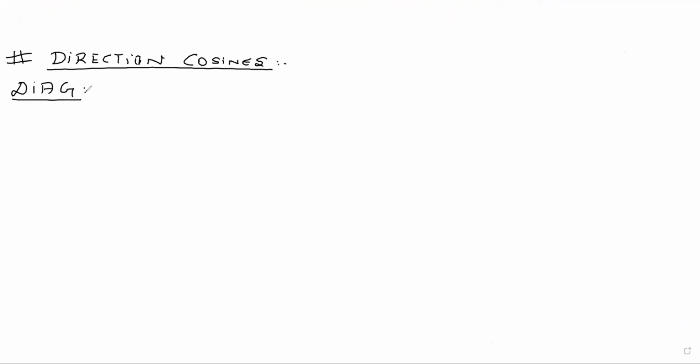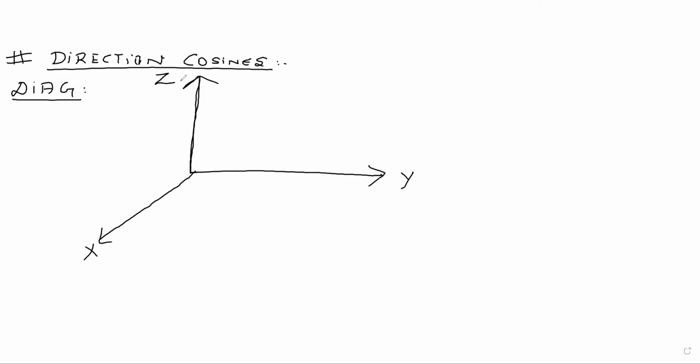It will help you to visualize it. Look at the 3D space which we are drawing: x-axis, y-axis, and the z-axis. Now again consider a point P in the space which corresponds to the coordinates x, y, and z, and this is my origin which corresponds to 0, 0, 0.